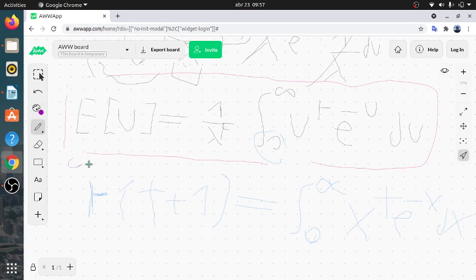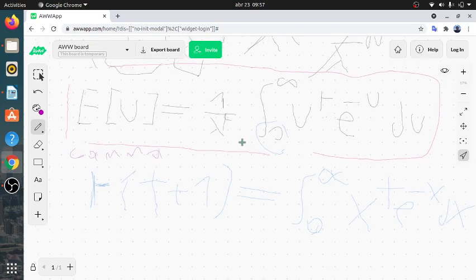So remember, this is just the gamma function that we are using right now.